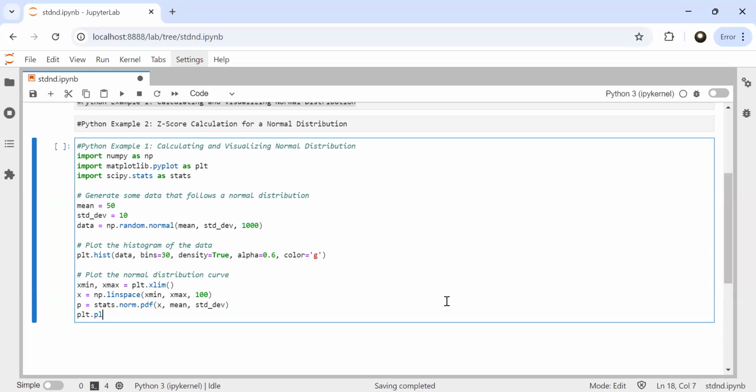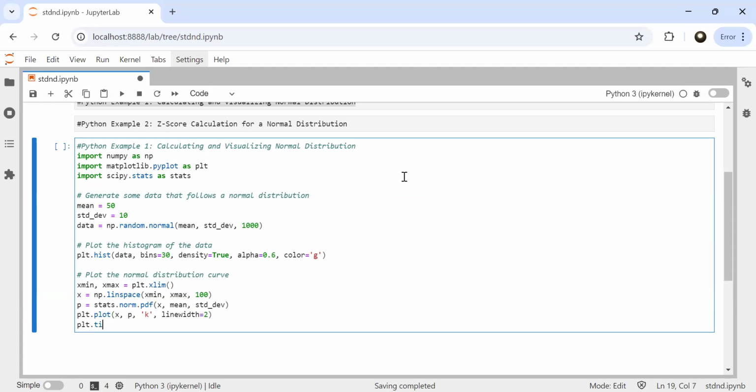So now we have to plot the graph. We pass the variable x to draw the normal distribution curve, and then the value of p, and color k and line width equals 2.